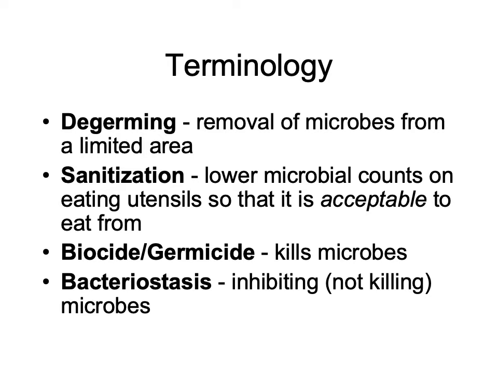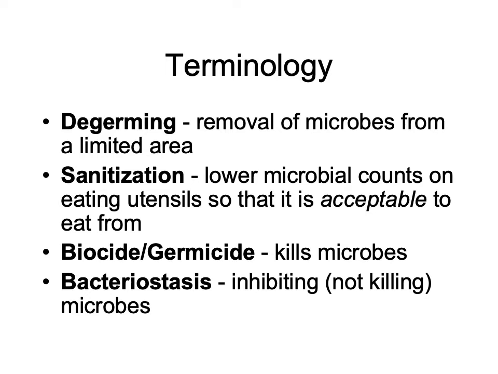Then we have biocide or germicide. When it ends in -cide, it means that you're killing something. And in this case, it is specific to killing microbes. Then we have bacteriostasis, which I will talk a lot about in this class. It's inhibiting, not killing microbes.